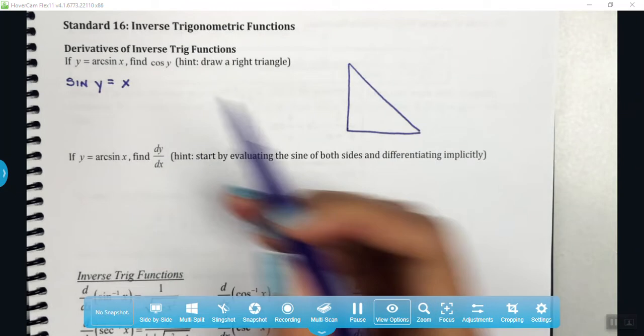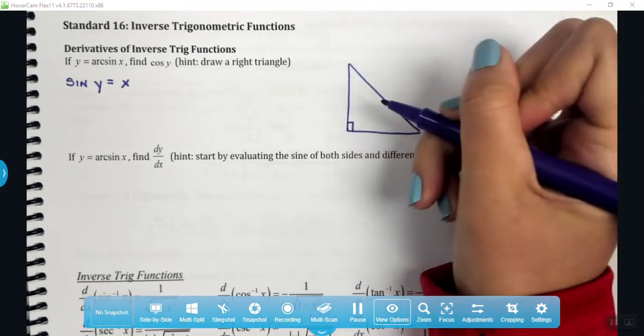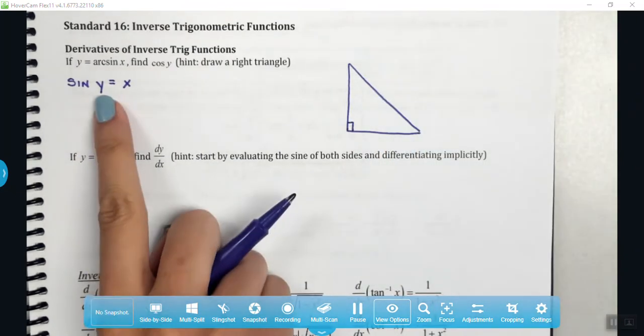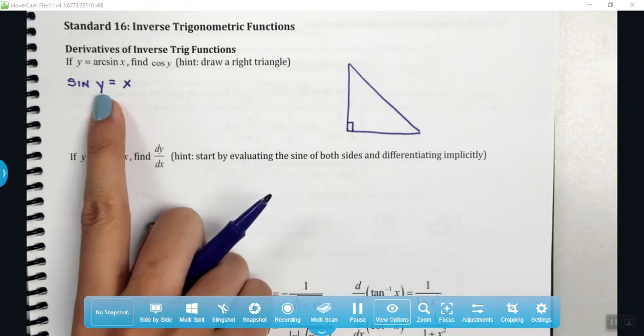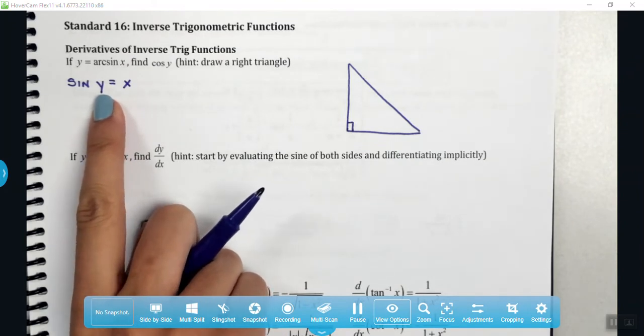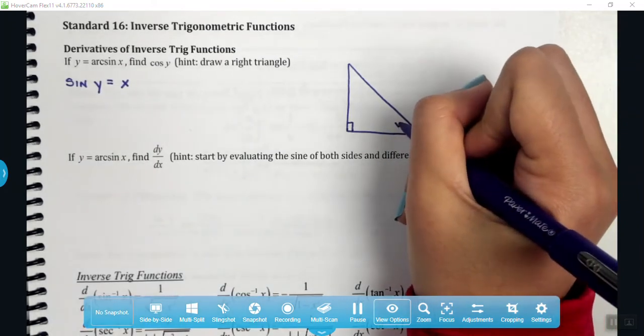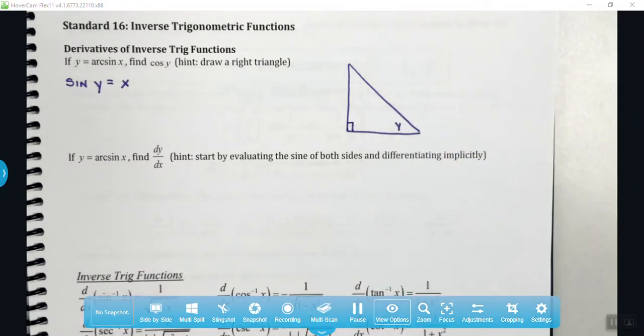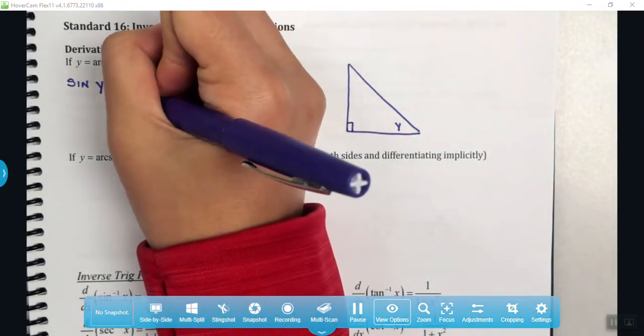And it says find cosine of y. So here's my right angle. y is my angle, right? So we'll make y here. And then this is x over 1, let's say.